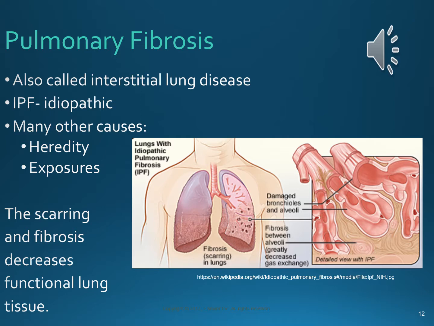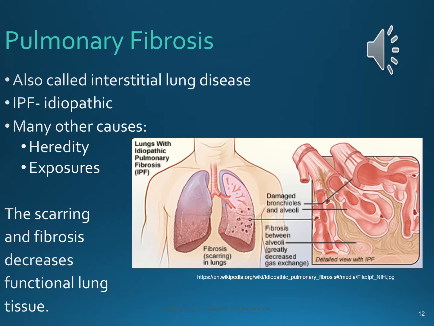Pulmonary fibrosis is also called interstitial lung disease. There is an idiopathic kind called idiopathic pulmonary fibrosis, IPF. Nobody knows why it happens. There are other causes. There is a hereditary component. It's also more common in older people, exposure to certain viral illnesses, wood and metal dust exposure, radiation exposure, different medications, exposure to molds, birds.